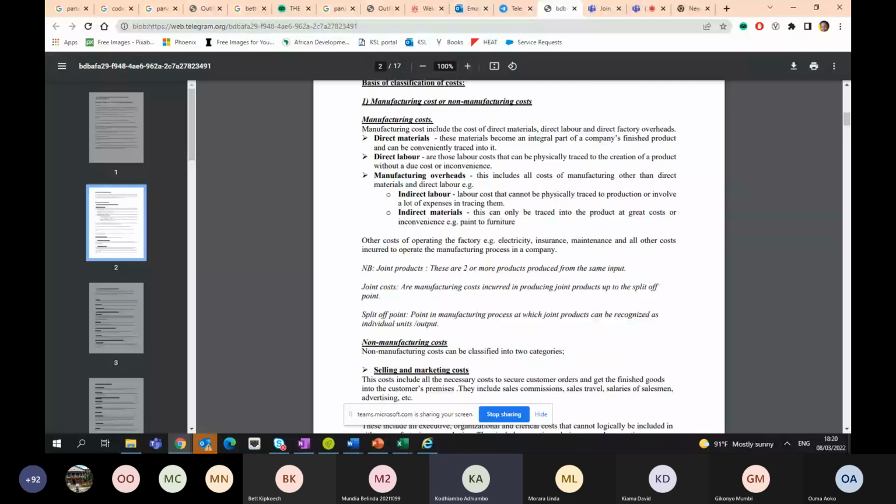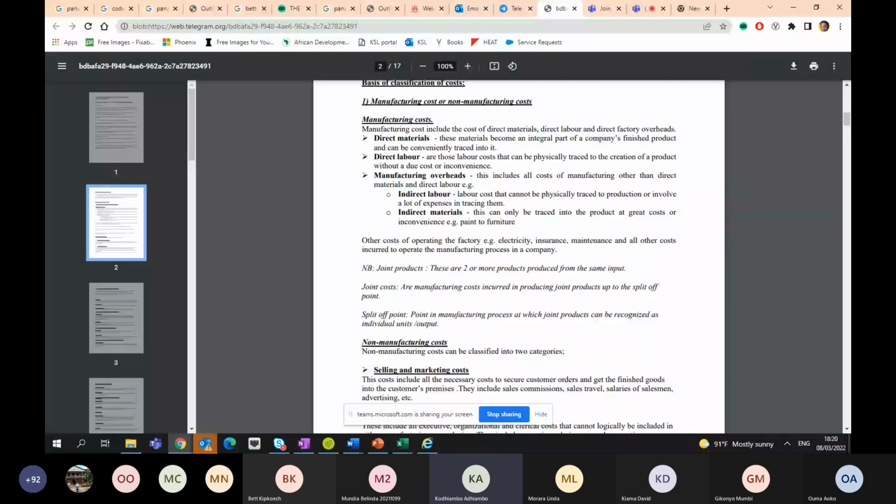Now coming back to this example here, manufacturing and non-manufacturing, the two main things that drive manufacturing are your raw materials and labor. What do you need to make?